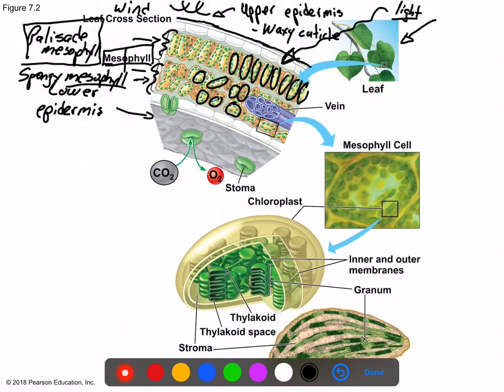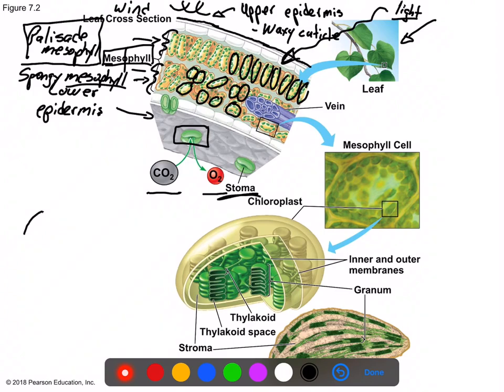And spongy is, again, to remind us that there's a lot of air spaces, right, between all of the cells of the spongy mesophyll. So why is it spongy? Well, it's spongy because of these two important gases, CO2 and oxygen. Notice that really there's one major entrance into the leaf, and that's through these openings produced by two cells that form what we call a stoma.